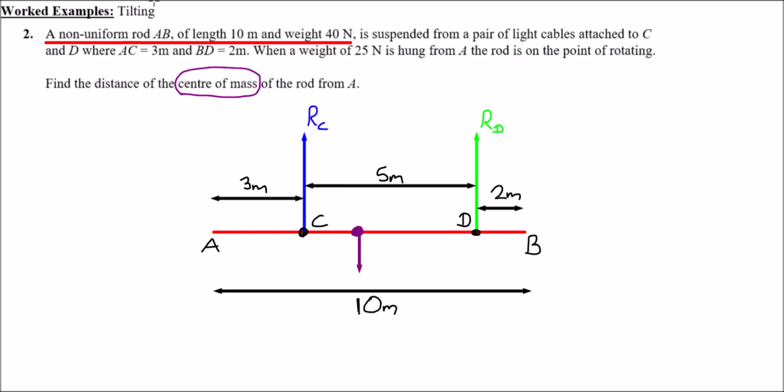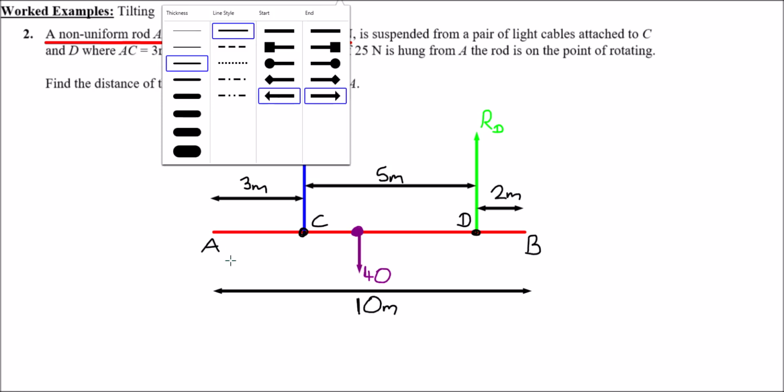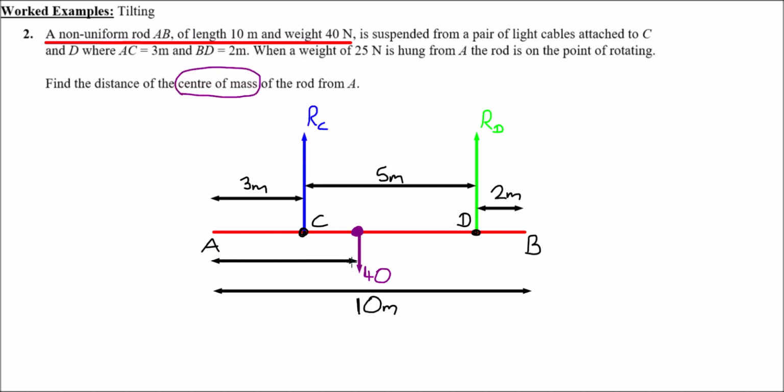And it's got a weight of 40, and so the weight will be acting down with a force of 40 from that point. We want to find the distance of the centre of mass of the rod from A, so importantly we're interested in the distance from A to this point here. So I'm just going to call it X.